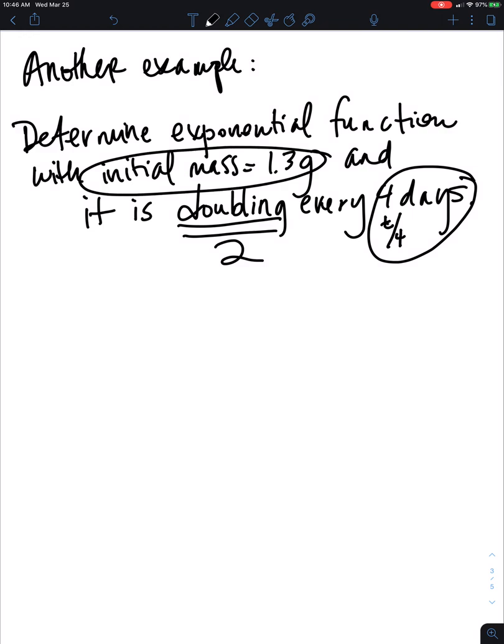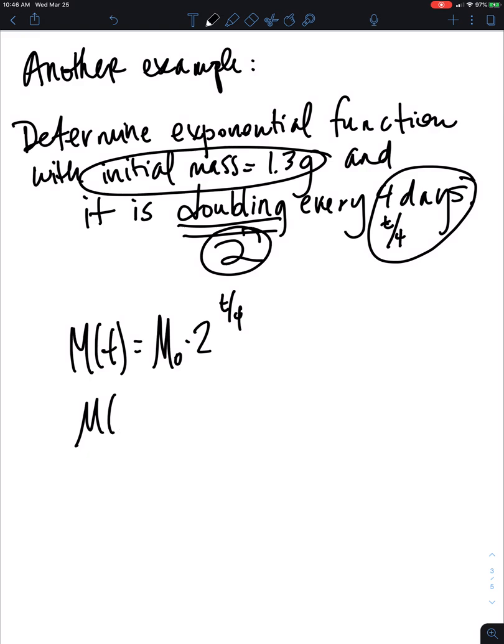Okay, so that means t would be divided by 4 here, and doubling means the number 2. Okay, and so this talks about mass, so we'll have an m, and this is what this formula looks like. Initially, we already know the initial mass is 1.3. And 2 is from our doubling. Okay, and then t over 4, because every 4 days. And that would be the answer here.